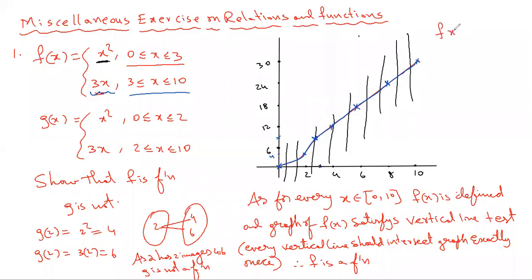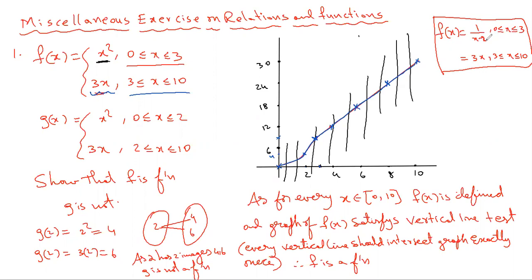Suppose f of x equals 1 by x minus 2 for 0 less than or equal to x less than or equal to 3, and equals 3x for 3 less than or equal to x less than 10. Suppose I give the definition like this, that between 0 to 3 the image is 1 by x minus 2.